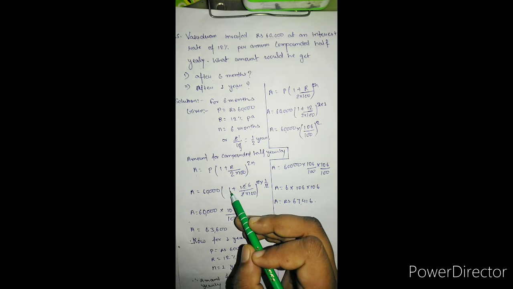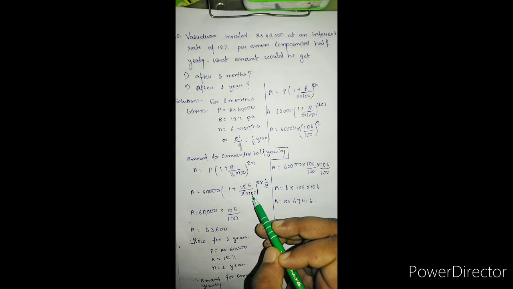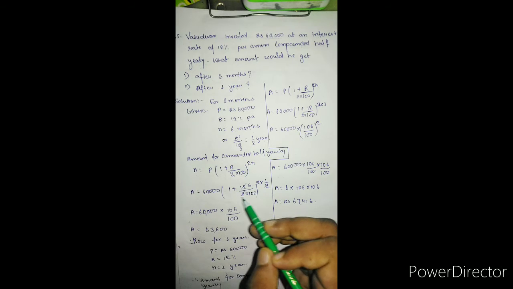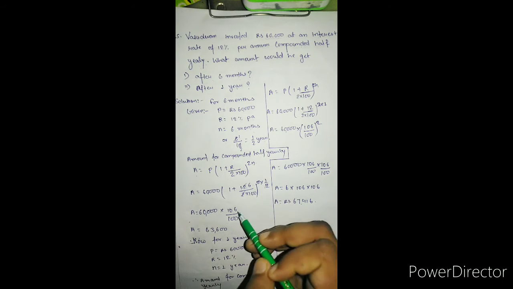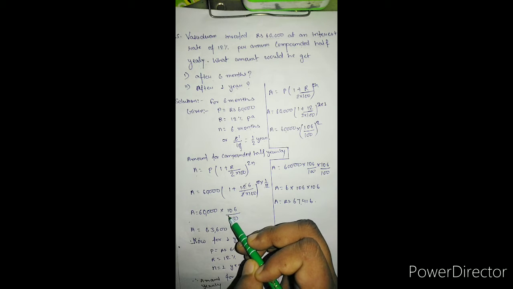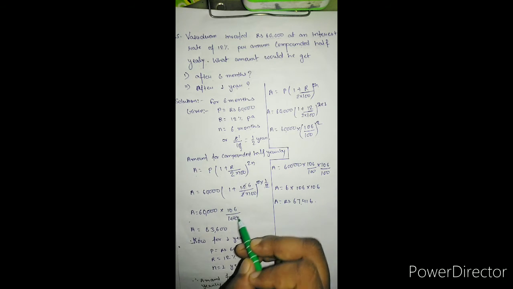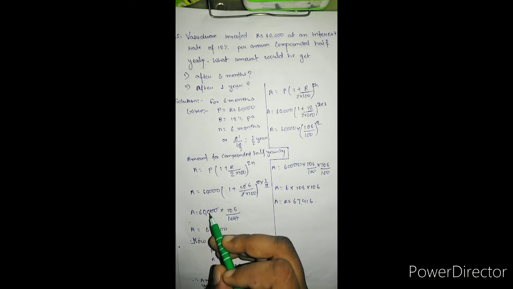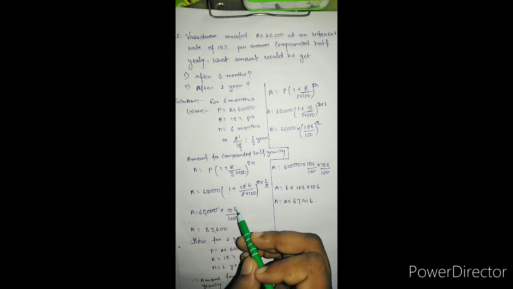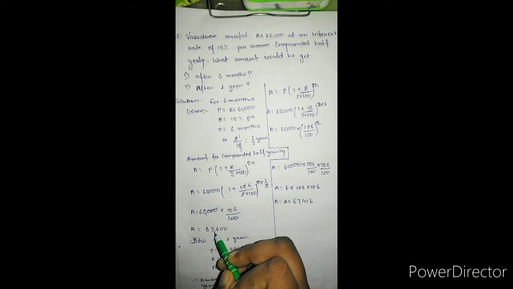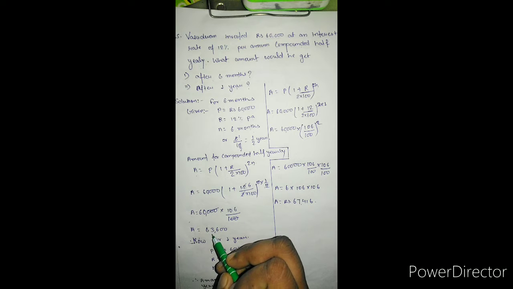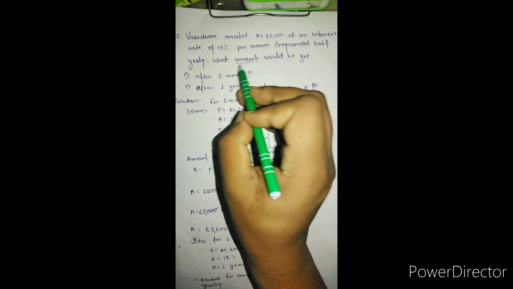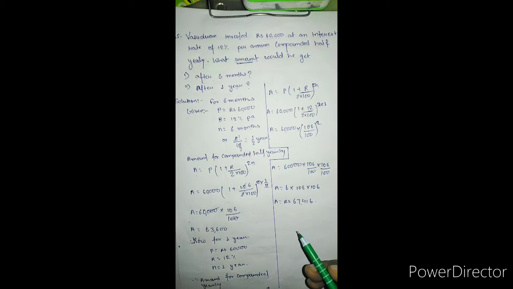So when you solve 1 plus 6 by 100, you will get 106 by 100, and here power is 1, that's why I multiplied only one time. Now cancel 2 zeros from here. So 600 into 106, when we multiply this number, we will get 63,600. It is our amount. And we have to find out the amount only, not compound interest.